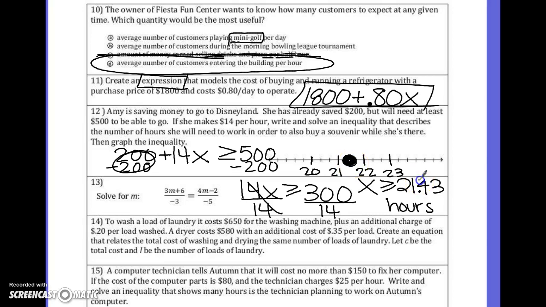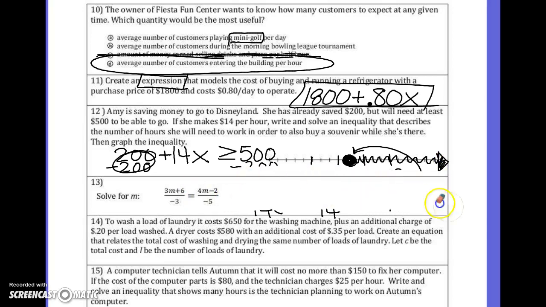So there's my 21.43. I fill it in because it's got the line. The line means we can equal 21.43, that big long decimal, or we can be more. So I put my dot, fill it in, because we can equal, or we can be more, so shade it also to the right.